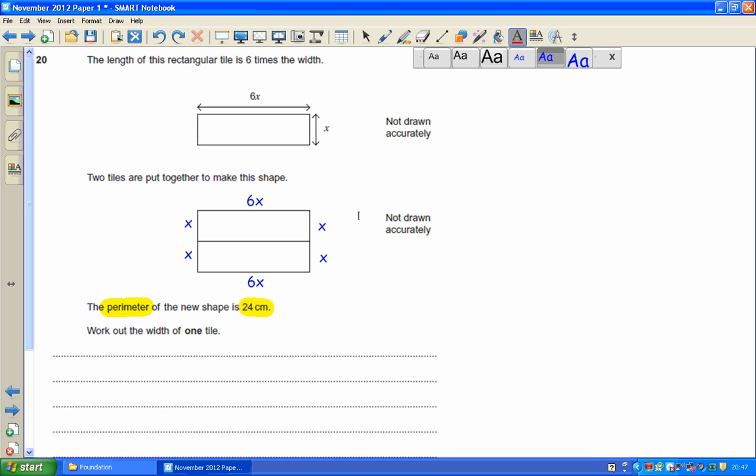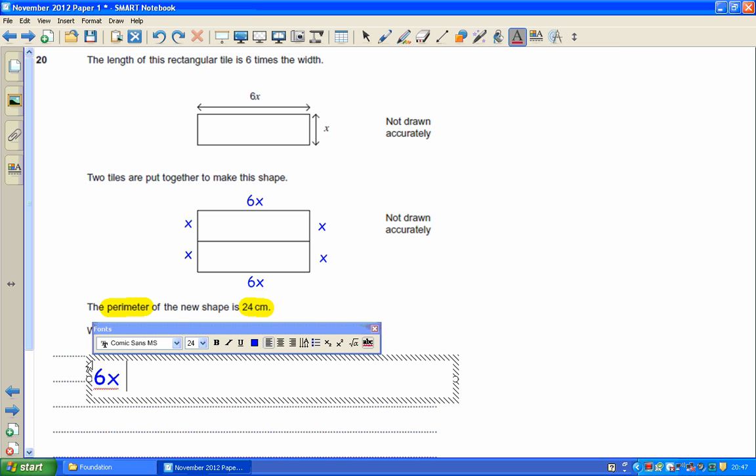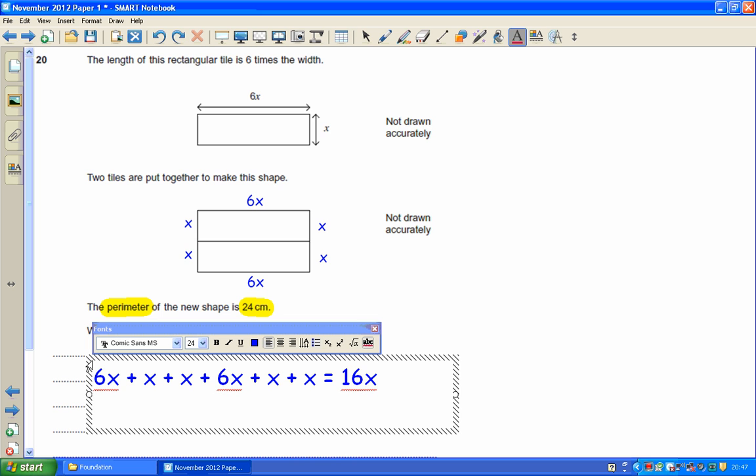If we go around the outside, we've got 6x plus an x plus another x plus 6x plus another x plus another x, which equals 6, 7, 8, 14, 15, 16x. So 16x is equal to the perimeter, which is 24.